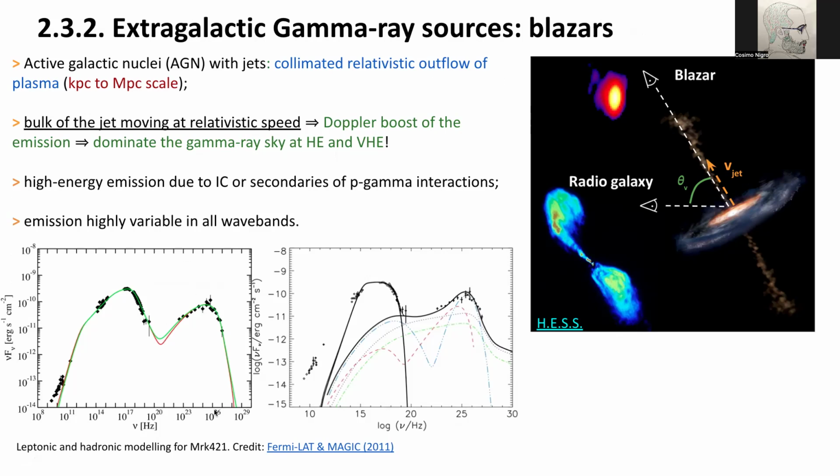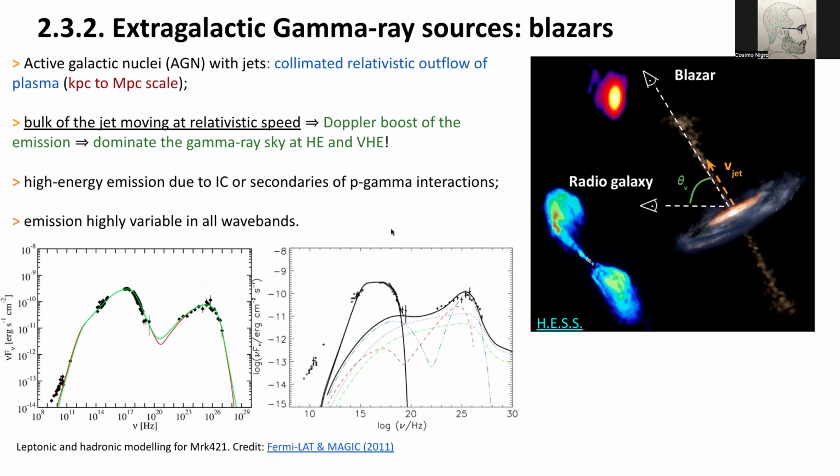The high energy emission is either interpreted as due to inverse Compton of the synchrotron photons of the jet, or of other photon fields around the source, or sometimes in some models explained as the result of the interaction of high energy protons with the photon fields.